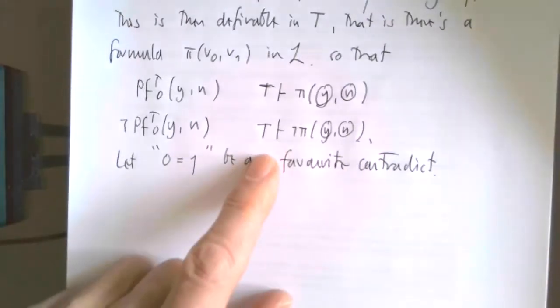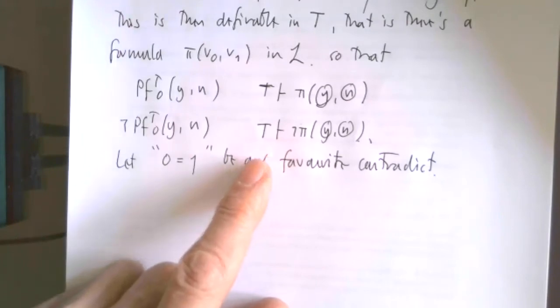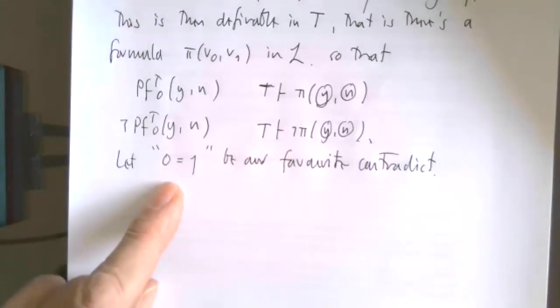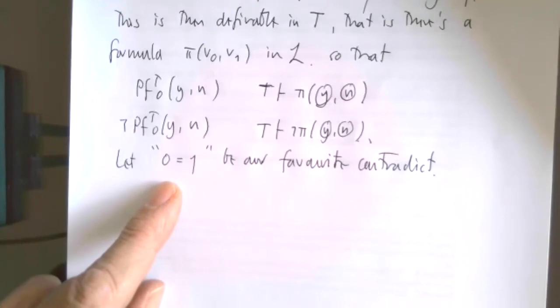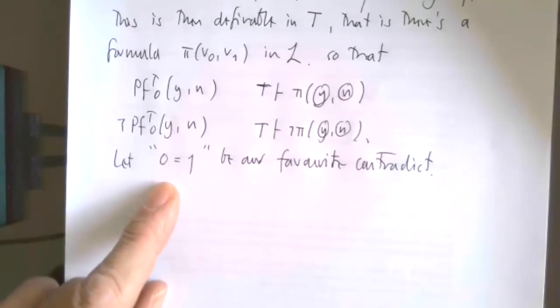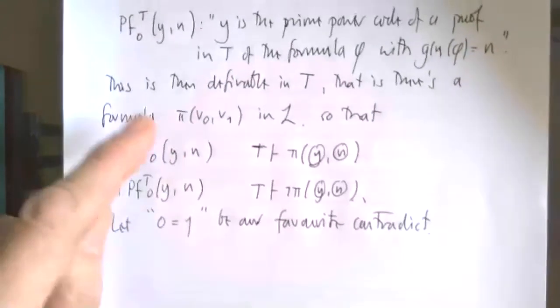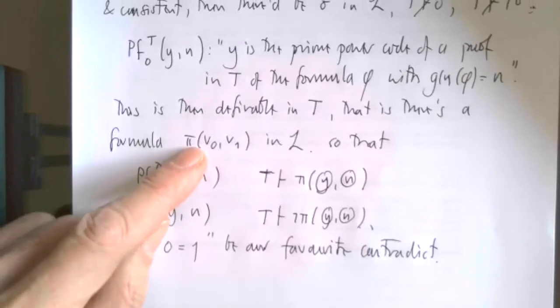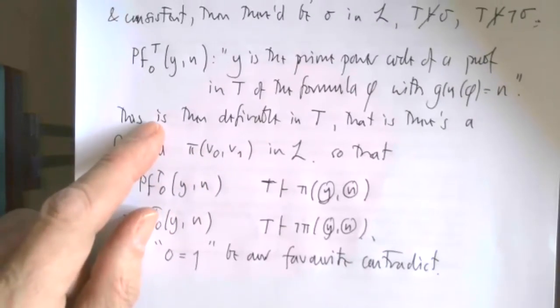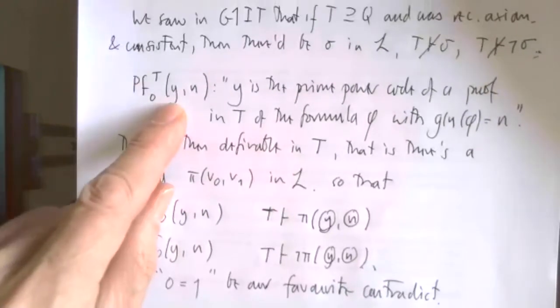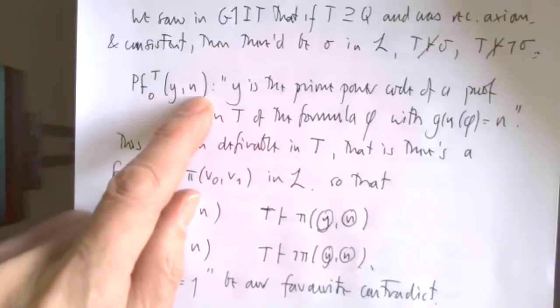Now, an inconsistent theory can prove anything. So an inconsistent theory can prove 0 equals 1, but a consistent theory can't. So one way I can write down a sentence in our language which says, in effect, that our theory is consistent, is to say there is no proof y of naught equals 1.